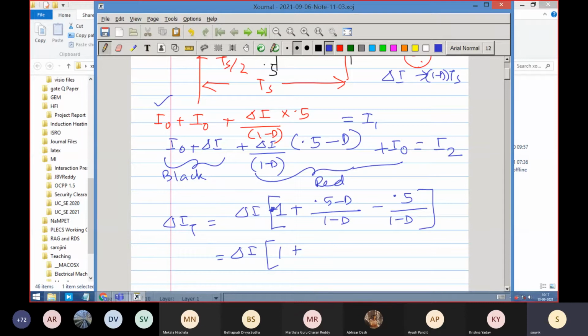So what remains is 1 minus d by 1 minus d, minus d by 1 minus d. So equal to delta I into 1 minus 2d by 1 minus d. Have I done it correctly?